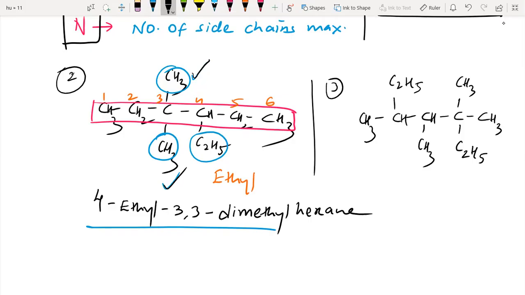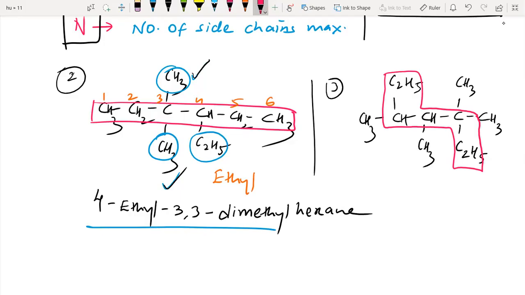Now the very first thing, as I gave the full form of SIMRAN, the very first point or rule is select the longest carbon chain. So now we'll select that. See this selection here. This is your longest carbon chain. That is very important.